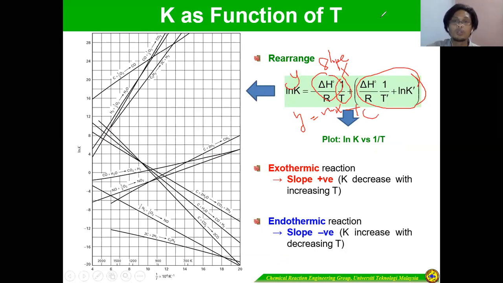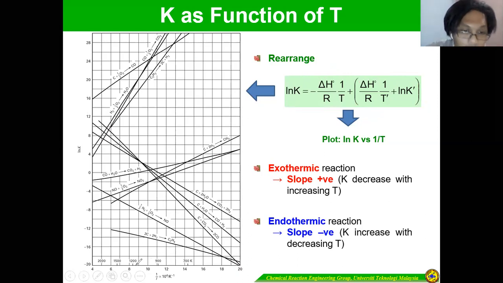So if you want to determine, for example, the equilibrium constant at 1200 Kelvin, just use this graph.